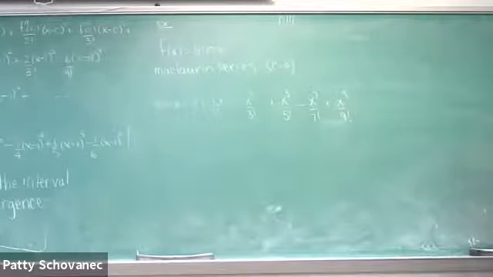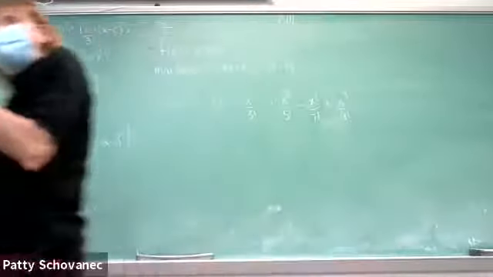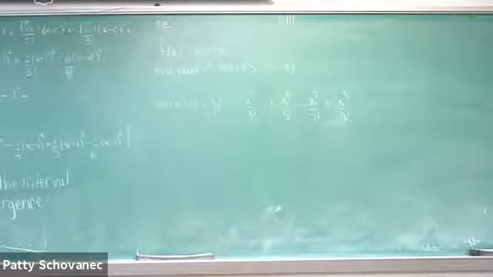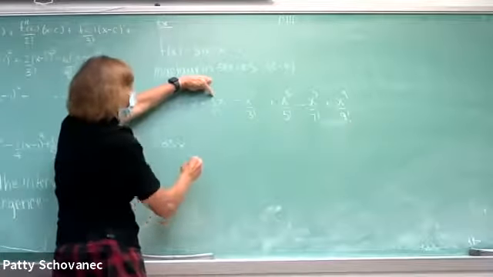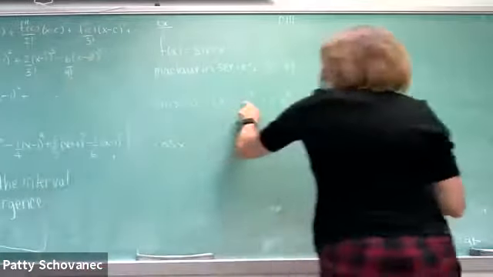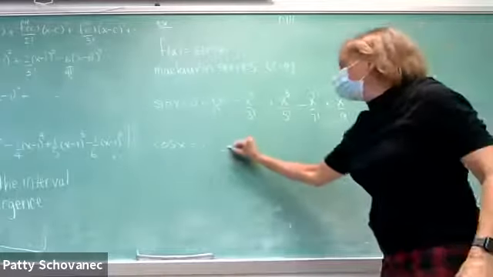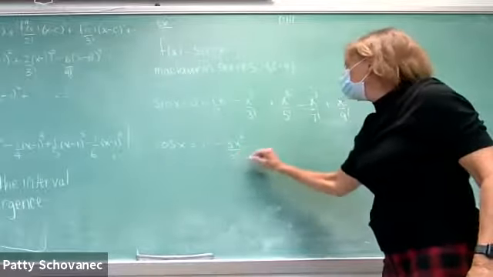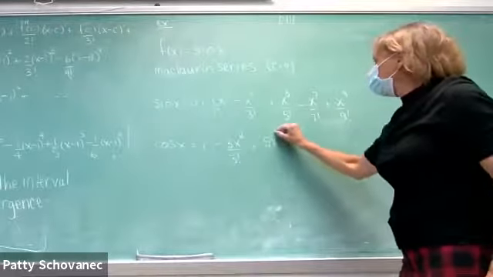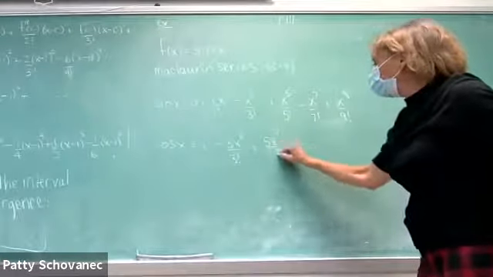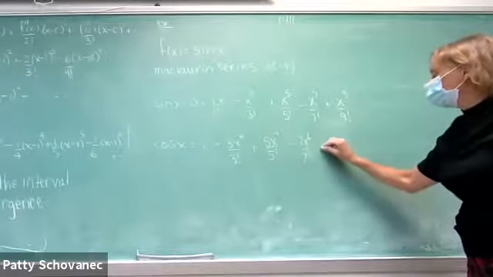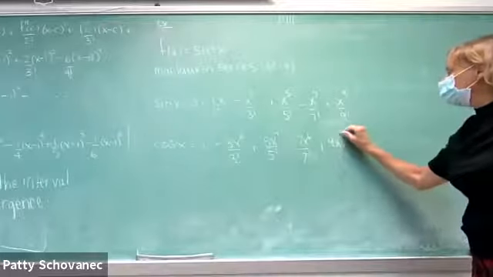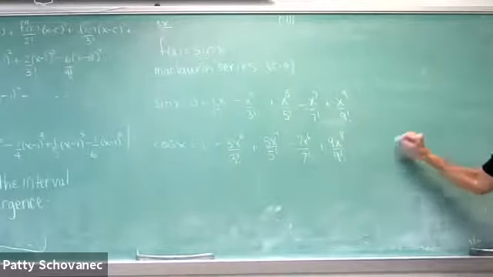So instead of taking all the derivatives, if you remember the Maclaurin series for the sine of x, then how did we find the Maclaurin series for the cosine of x? We took the derivative. So the cosine of x is going to be 1 minus 3x squared over 3 factorial plus 5x to the 4th over 5 factorial minus 7x to the 6th over 7 factorial plus 9x to the 8th over 9 factorial.